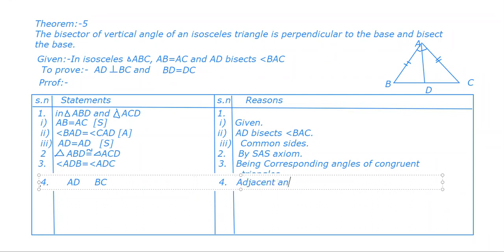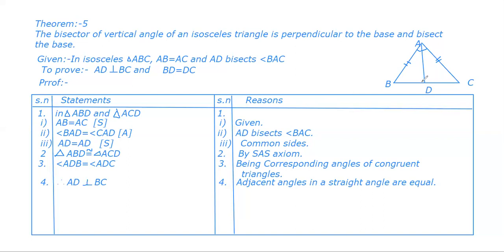Adjacent angles in a straight angle are equal. If two angles are equal in a straight angle, then they are perpendicular.